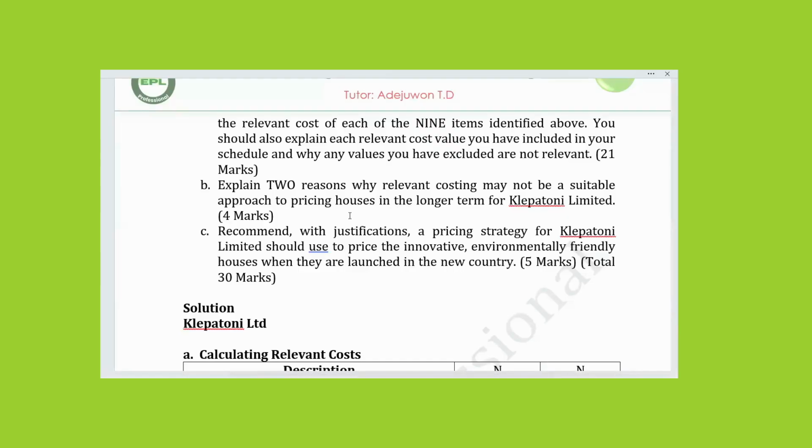That will only cover your relevant cost. When you charge a price that will only cover your relevant cost, it means that the company wants to break even, no profits. And if there is no profit, there will be no motivation. The company requires funds to expand in another country.